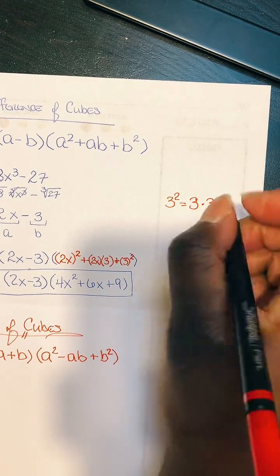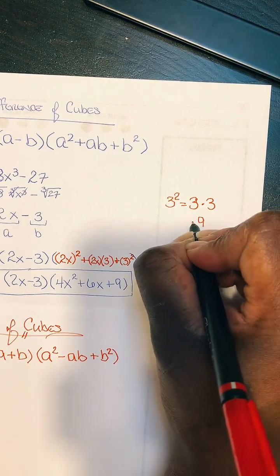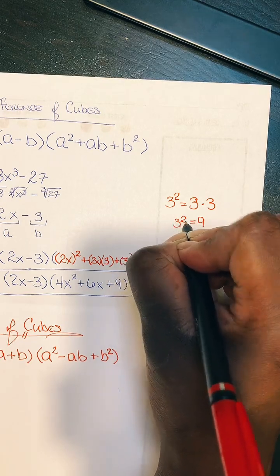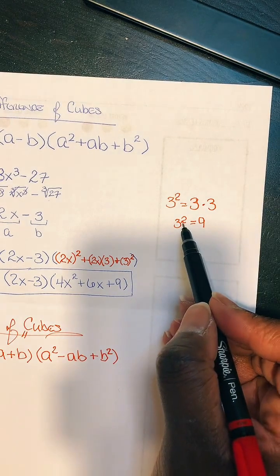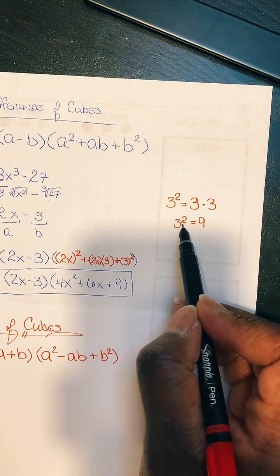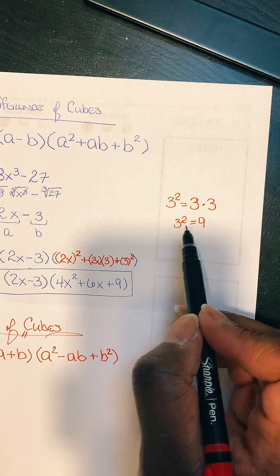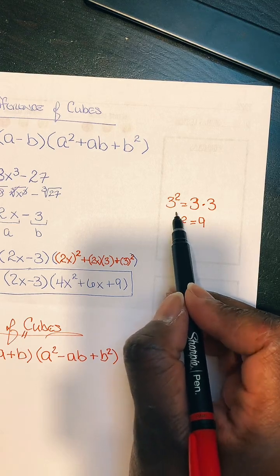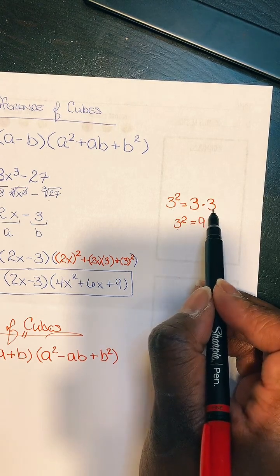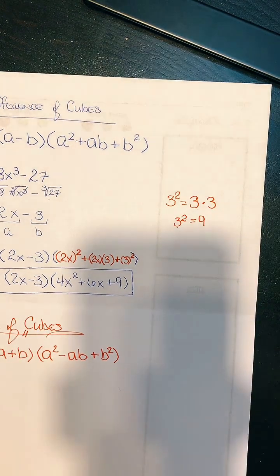So 3 times 3, that will give me 9. A lot of people do 3 times 2. No, if this is an exponent, it means the base is going to repeat itself 2 times. That's what the exponent is, okay?